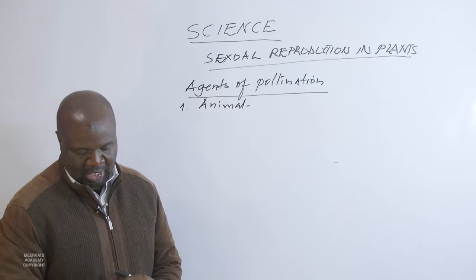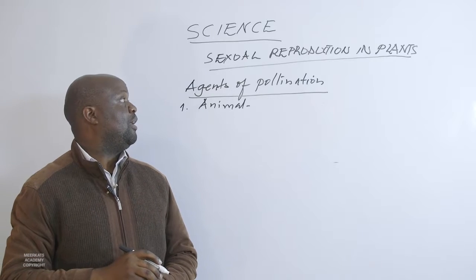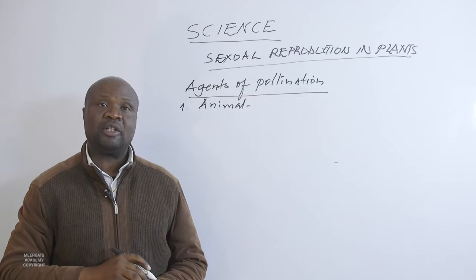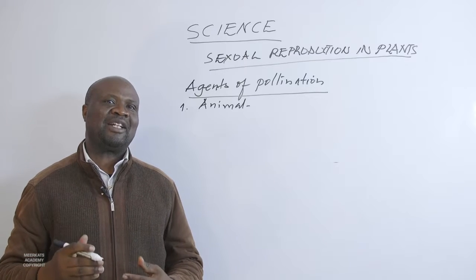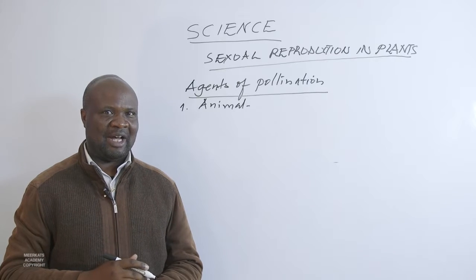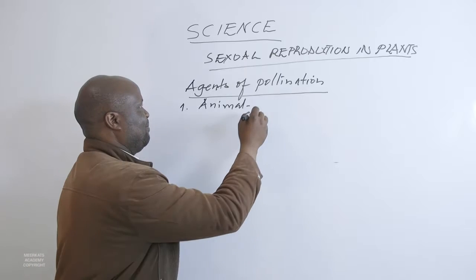When we talk of the agent of pollination being the animal, the animals that can carry out pollination within flowering plants are, one, the birds.